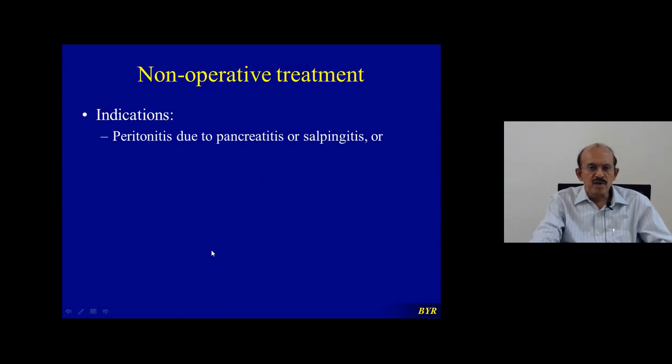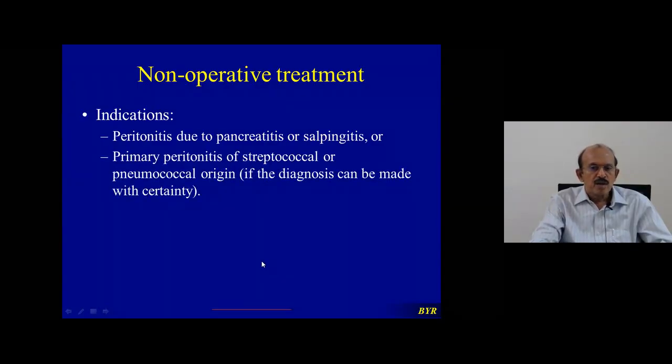The non-operative treatment indications: peritonitis due to pancreatitis or salpingitis, you don't do surgery. And in one condition called primary peritonitis of streptococcal or pneumococcal origin, if the diagnosis can be made with certainty, you need not do surgery.